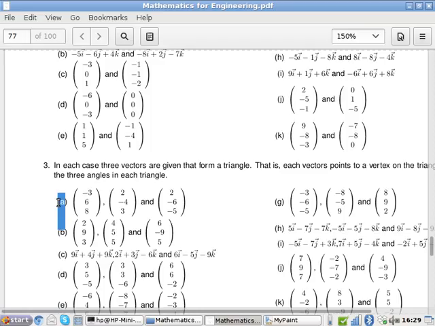That is ABC. Vector A, vector B, vector C. I want the three angles in the triangle it makes.